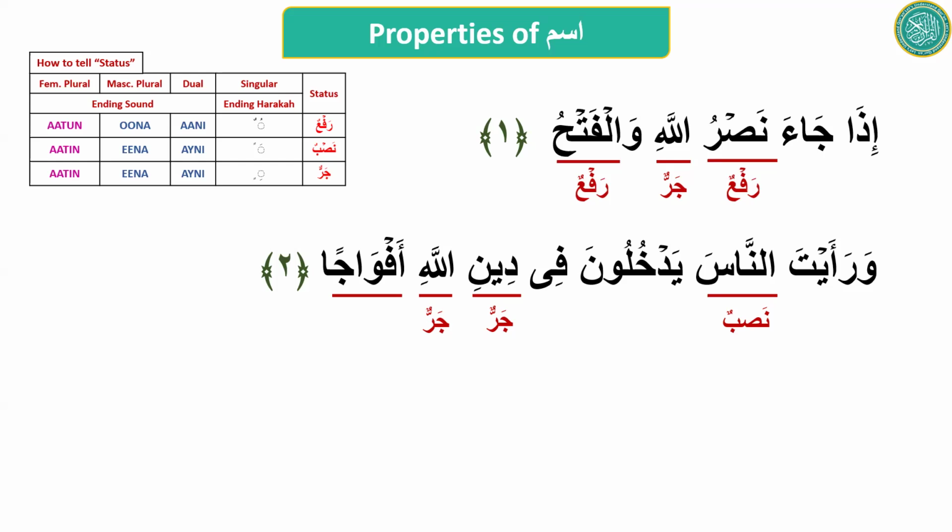Most of the plurals are actually like that. So what we do? We just assume that they are singular for telling the status. So afwajan is a plural word, but we will treat it as a singular because it is not ending with the ending sounds una, ina, or atun or atin. So it is nasab. All right, good.